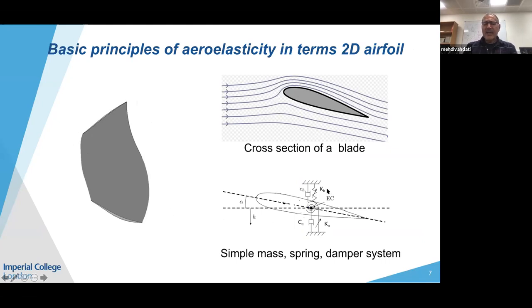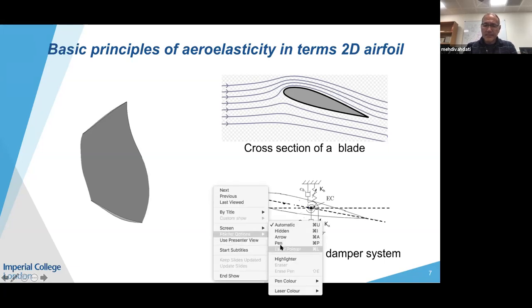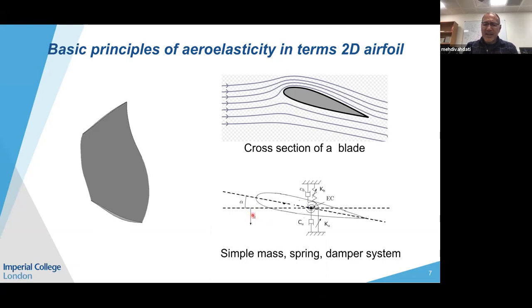And we also look at the structural mechanics of the system in terms of a 2 degree of freedom system, plunging and pitching. So the 2 degrees of freedom here are a plunging displacement, h, and also a pitching or twisting in terms of alpha.